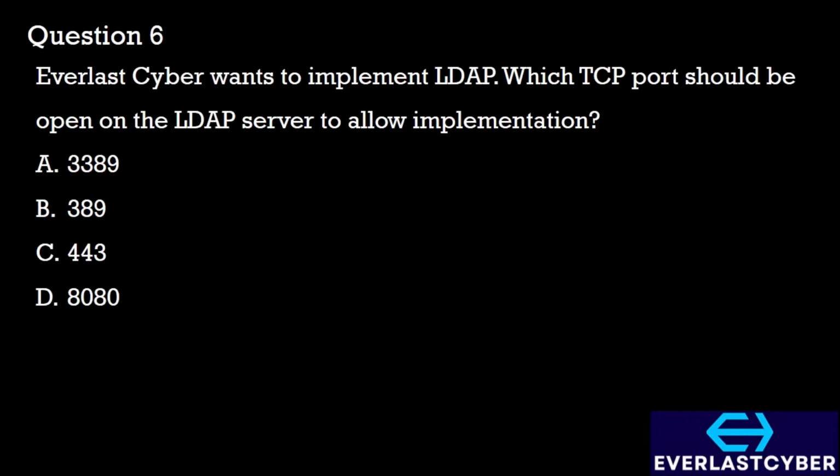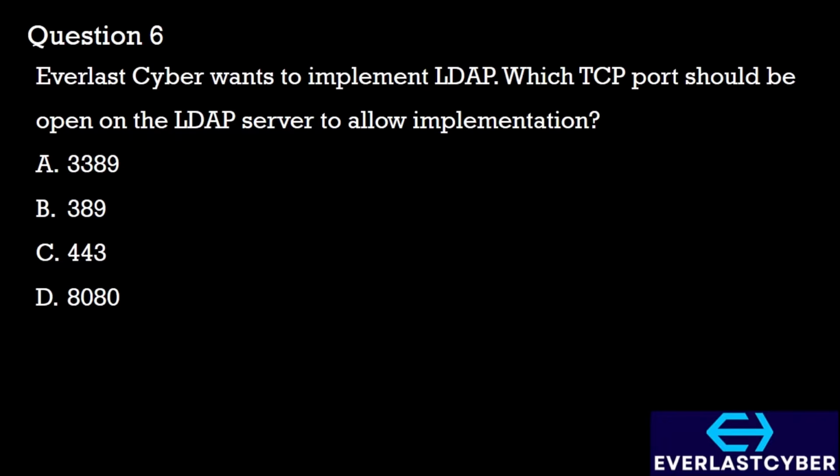Question 6. EverlastCyber wants to implement LDAP. Which TCP port should be open on the LDAP server to allow implementation? A. 3389. B. 389. C. 443. D. 8080. Port 3389 is used by the Remote Desktop Protocol for remote desktop connections.